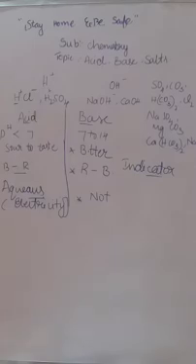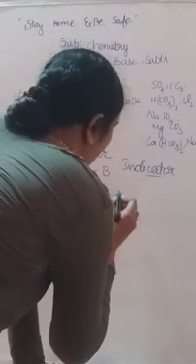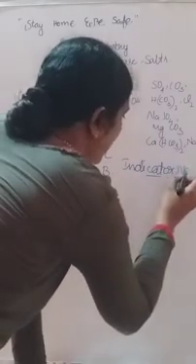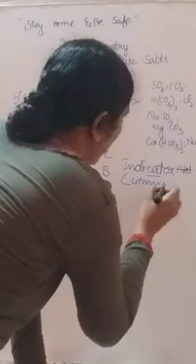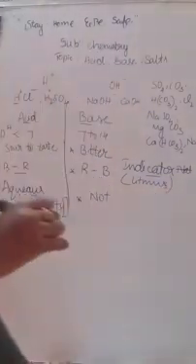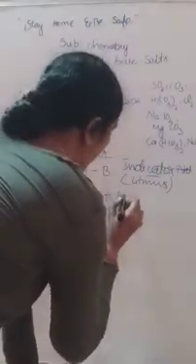Keep that in mind. And synthetic indicators also change the color. Synthetic means artificial indicators, and they are methyl orange and phenolphthalein. You have to keep that in mind. So natural indicators are litmus paper, but artificial indicators are methyl orange and phenolphthalein.